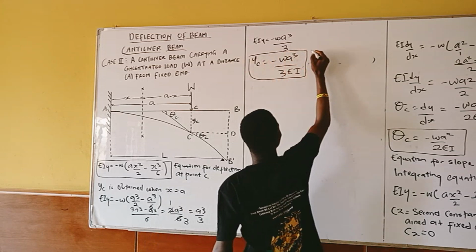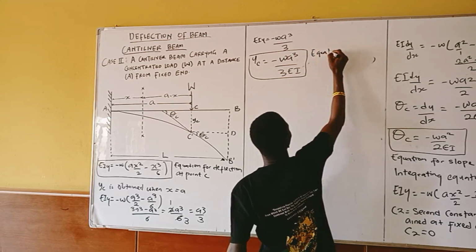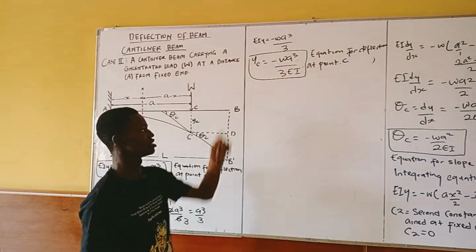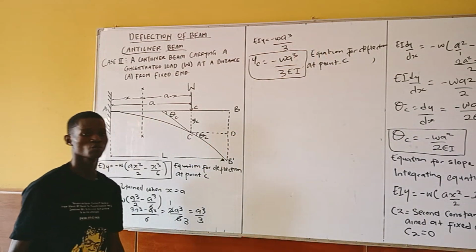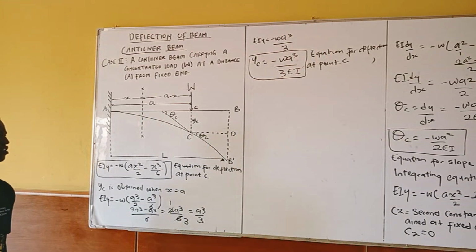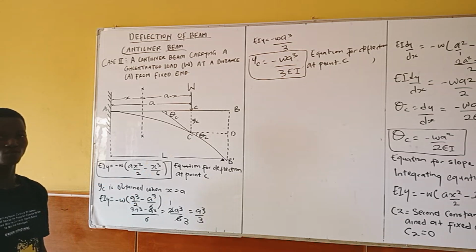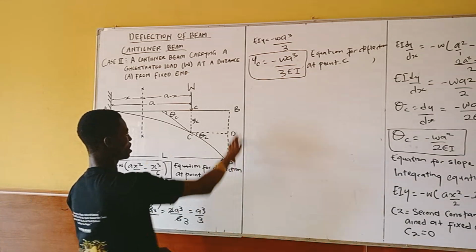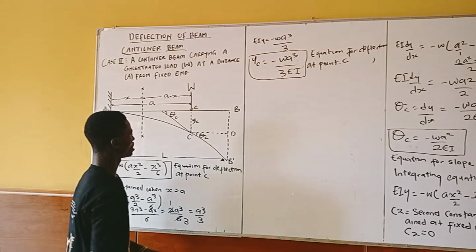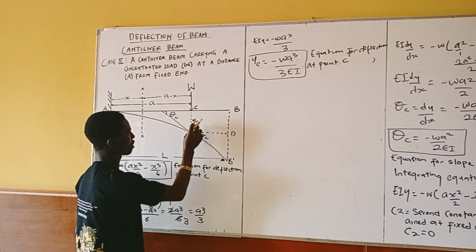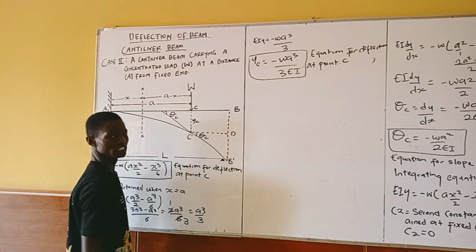This equation is the equation for deflection at point C. But if you look at this diagram very well, you can see that at point C is not where we have our maximum deflection. This is where our maximum deflection is. This is our YC, which is the deflection here.